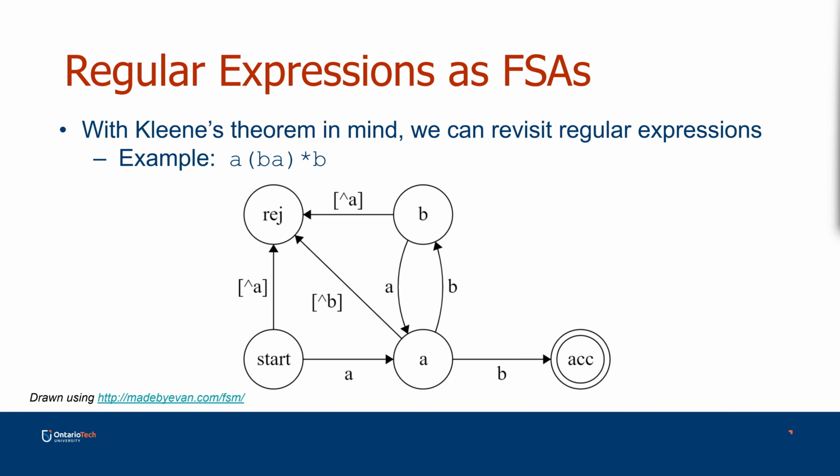Now, you may have noticed, if you have a keen eye, that this finite state machine is not the same as the ones that we've seen before, because this one has a unique feature that none of the other finite state machines had. From the state A, you can see that there are two transitions labeled B. So if I get a B, which way am I supposed to go? Am I supposed to go this way, or this way?